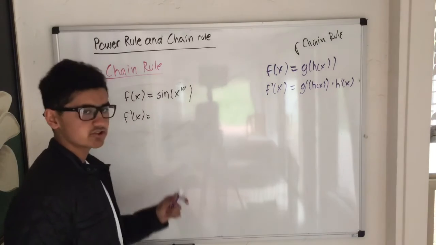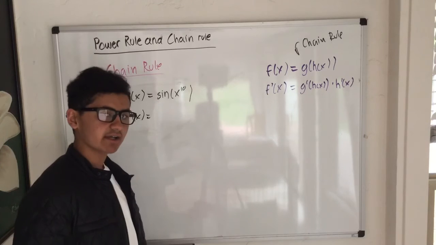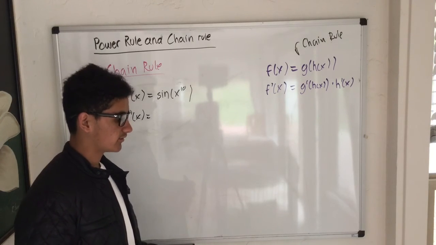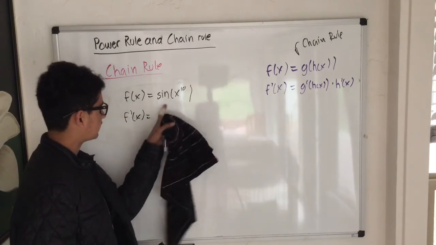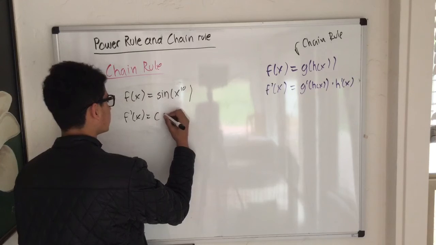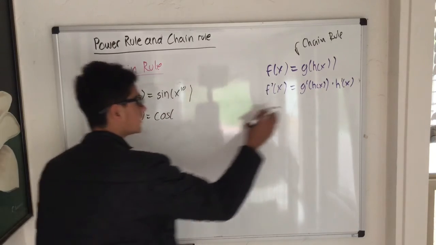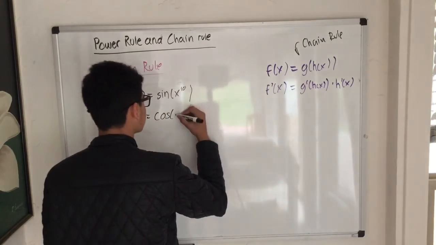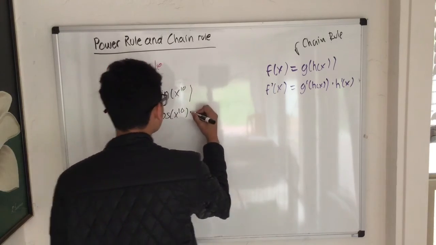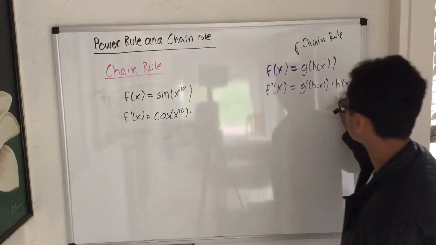So, sine is g of x, and if we want to find the derivative of sine, I know not many people have it memorized, but there are many different tables where you can find the derivative of sine, and I know for a fact it's cos, so it's going to be cos of, and remember, h of x stays the same, so it's going to be cos of x to the power of 10. And you multiply by the derivative of h of x.